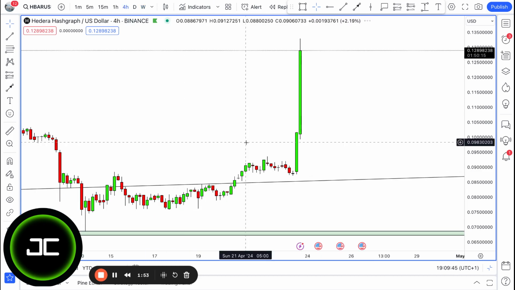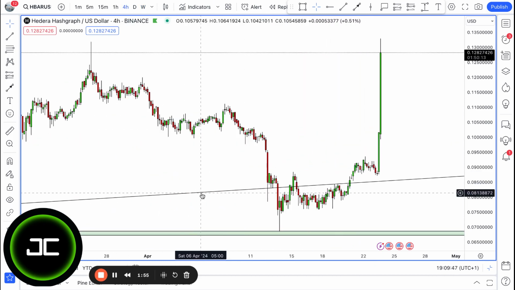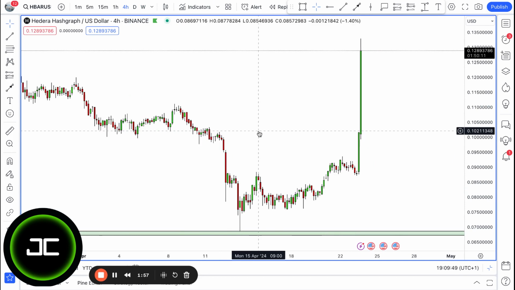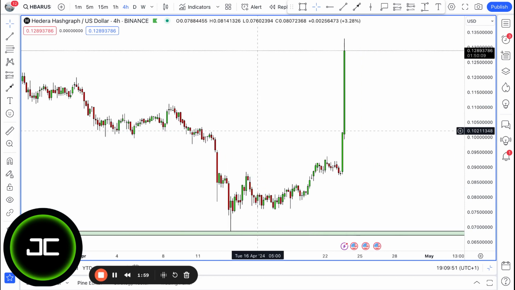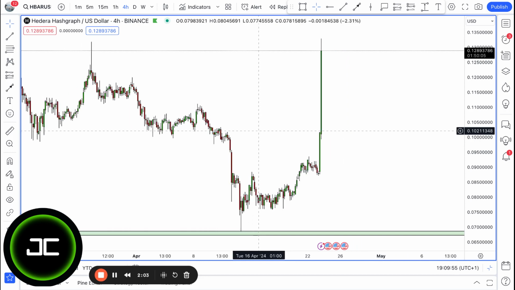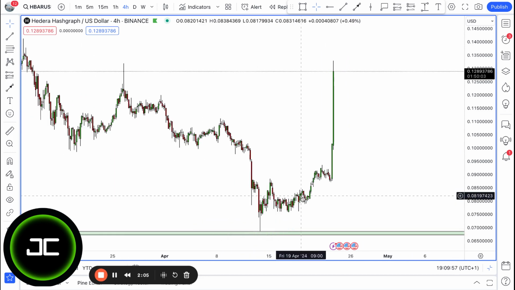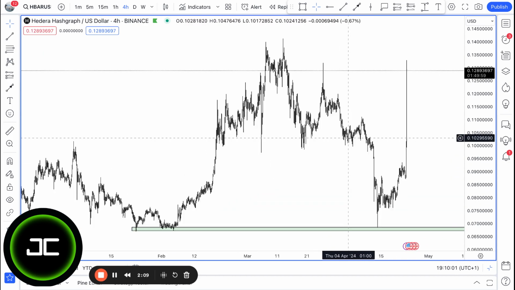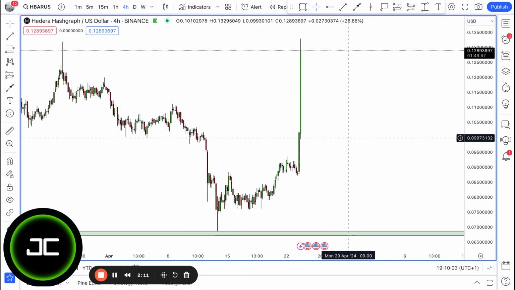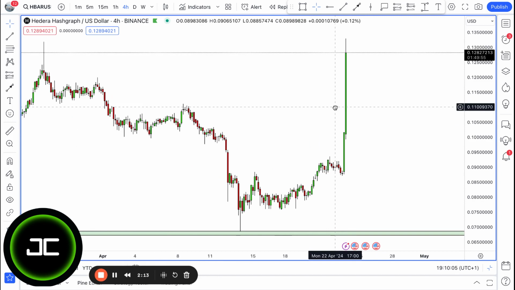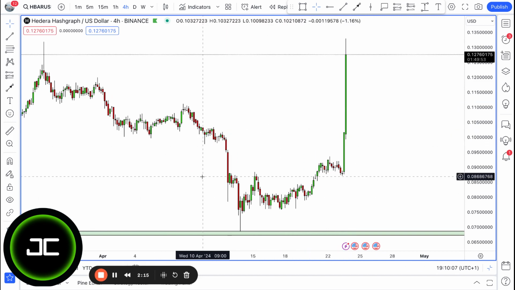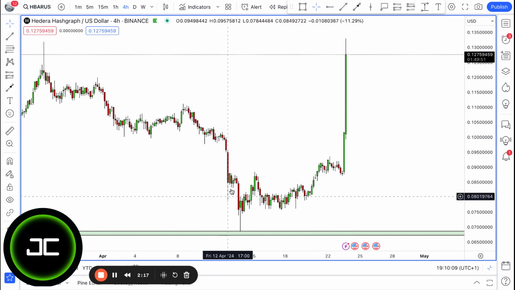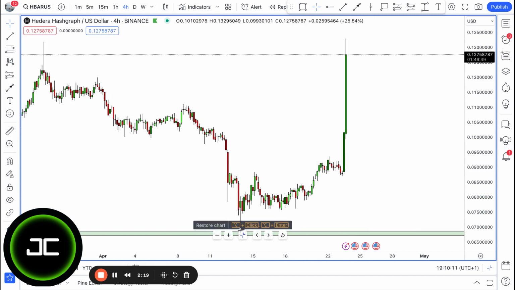So what we'll do now is we'll go on to the 4H time frame, and I'll just delete this for you and we'll break this down a little bit more, and now you can identify reversal in trend on the 4H time frame. As we're looking at this, you can see here, this is the area in which we tapped in to this major level on the weekly time frame. Now, if we just zoom in on 4H, what you can see here is price putting in lower lows, lower highs, lower low.